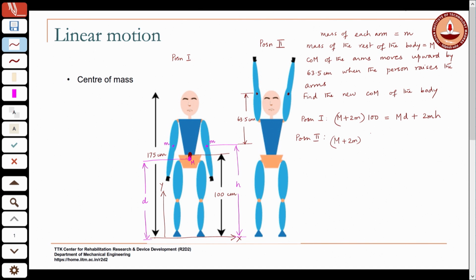Now, I want to find out by what distance this total center of mass has moved. So, this is the total center of mass of the body that has moved by, say, a distance y. So, that is this distance.